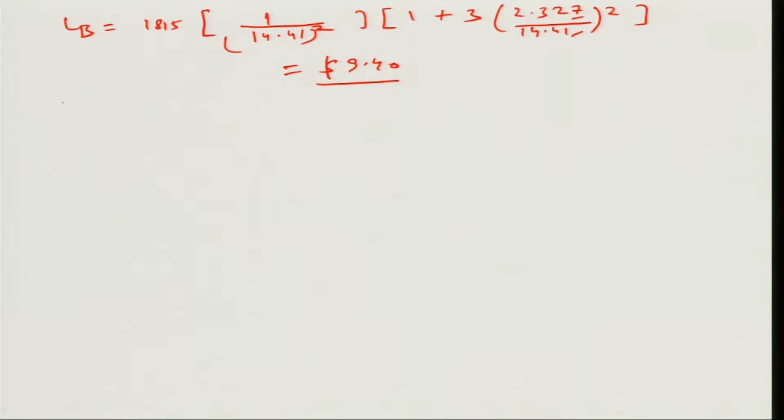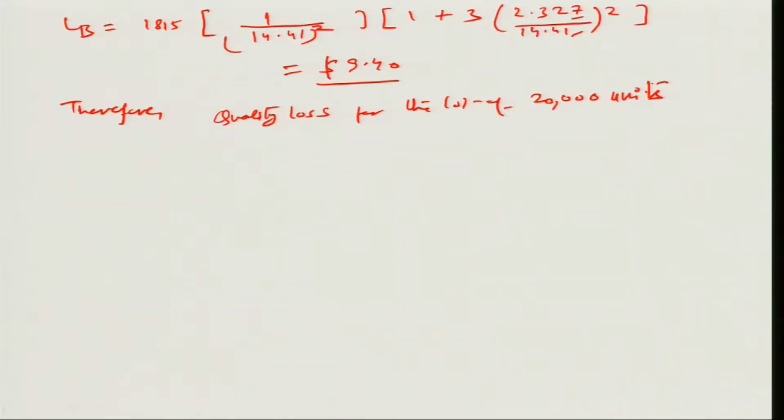Okay, therefore, if I wanted to take a management decision on the basis of this quality loss, the quality loss for the lot of 20,000 units of product A is obviously less than that of B. Okay.